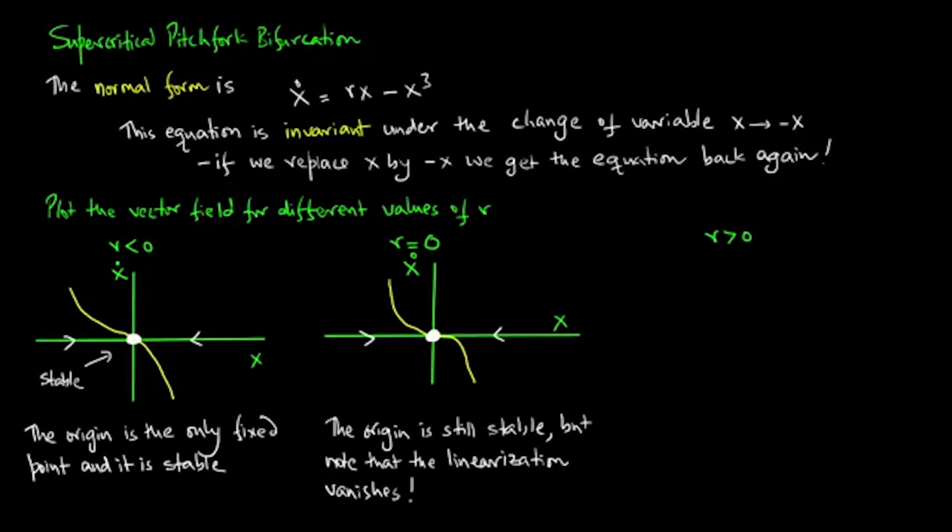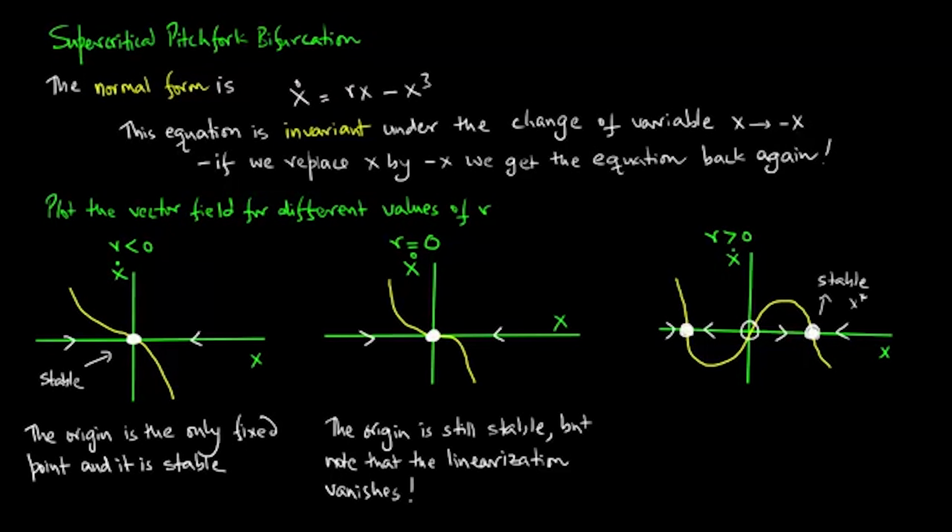Now consider r greater than 0 and we plot x dot versus x, and here is where we get some interesting dynamics. We get two stable fixed points and an unstable fixed point.